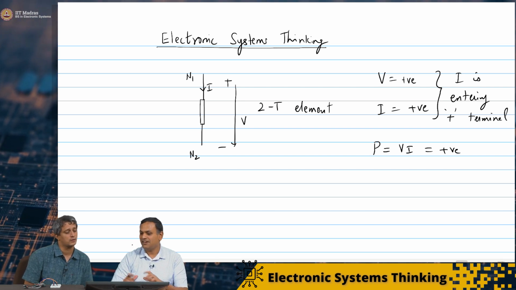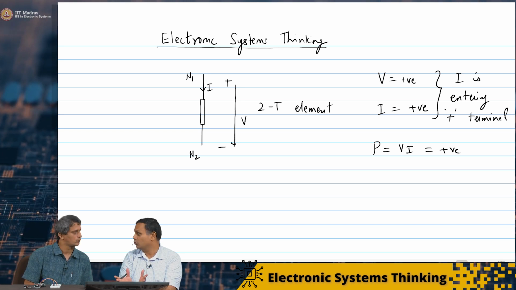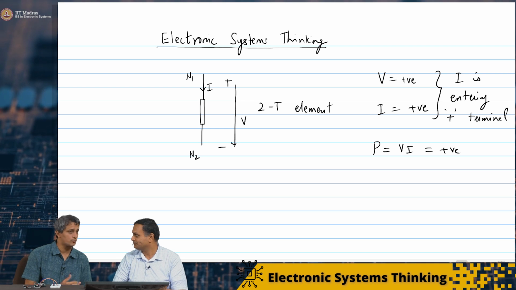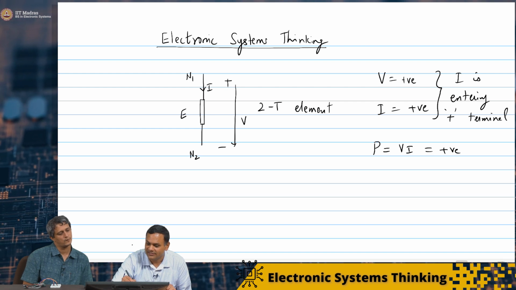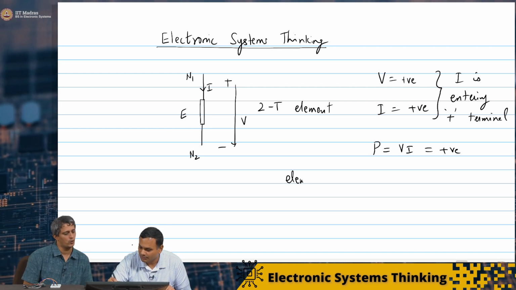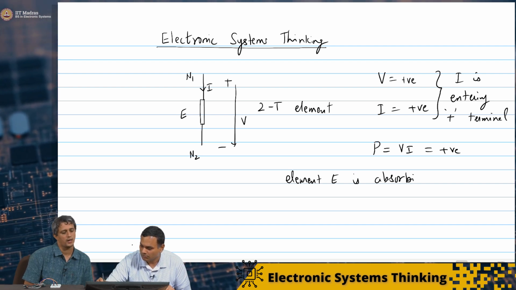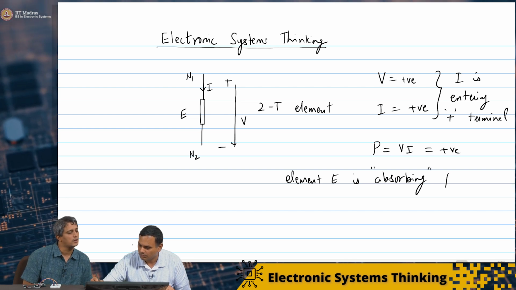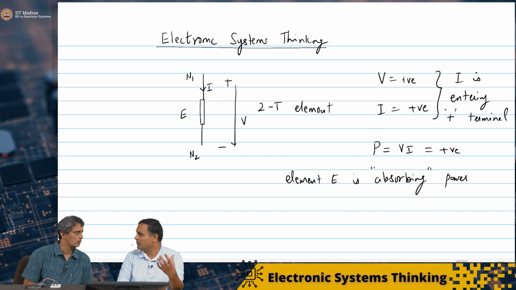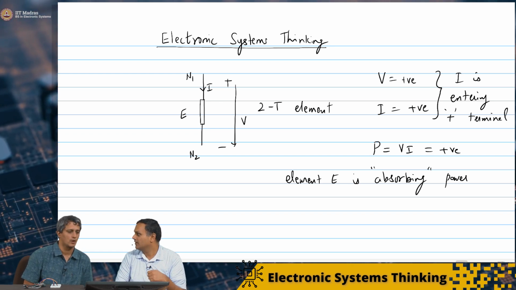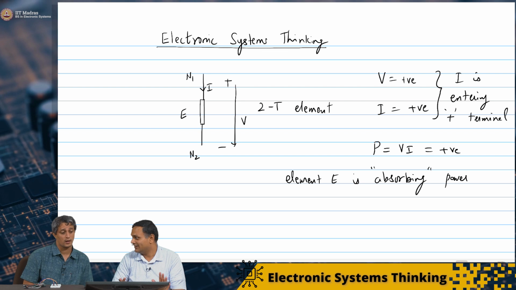If all of this is true, we say that the unknown two-terminal element is absorbing power. So maybe I'll call this two-terminal element some E, let us say. Element E is absorbing power. In other words, power is actually being taken away from the rest of the network into this element E. So this is the general convention in electrical engineering.